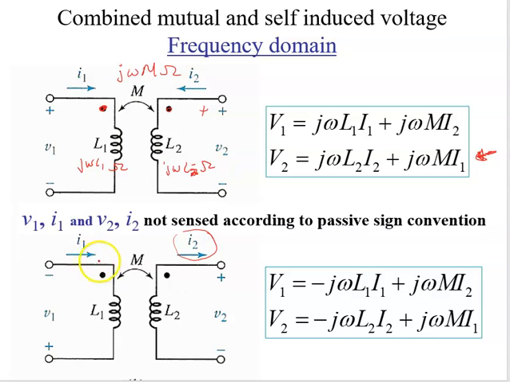So although I1 flows into the dotted terminal, it has a positive reference up here at the top in terms of the mutually induced voltage. The self-induced voltages are both negative because this plus and this current are not set up in terms of active sign convention.